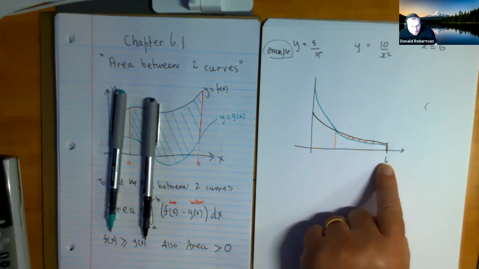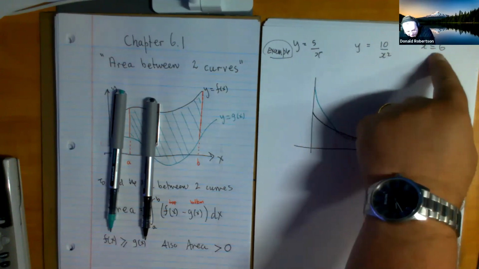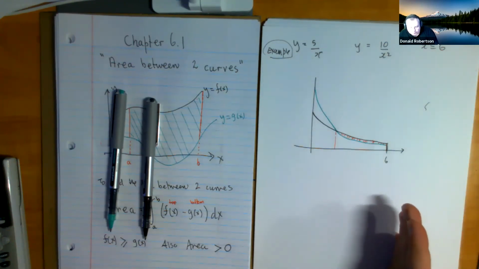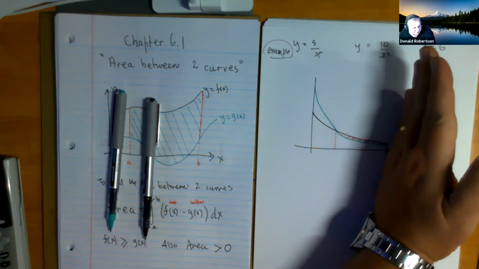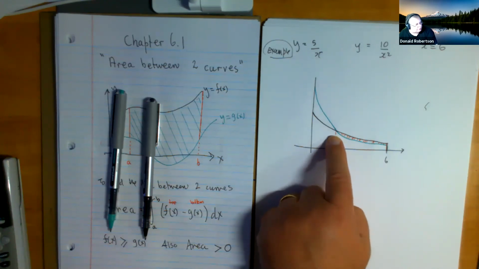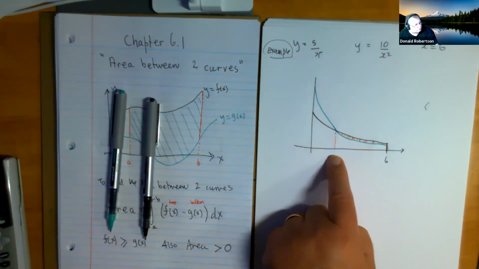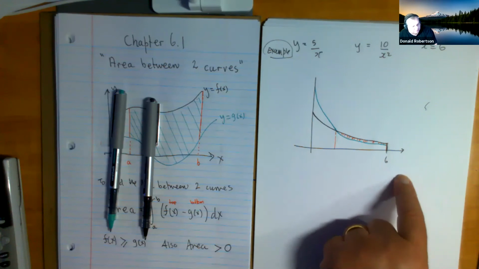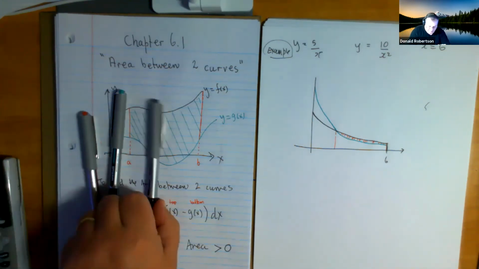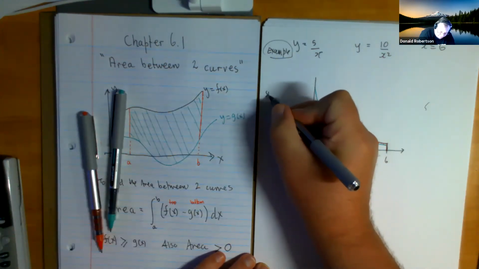So the area between these two curves and x equals 6, well, x equals 6 is like a wall that they bump into. Don't I just need to know where they intersect at the other side, and that's me got my start number, right? I need a start, I need a finish. So step 1 is draw the picture.